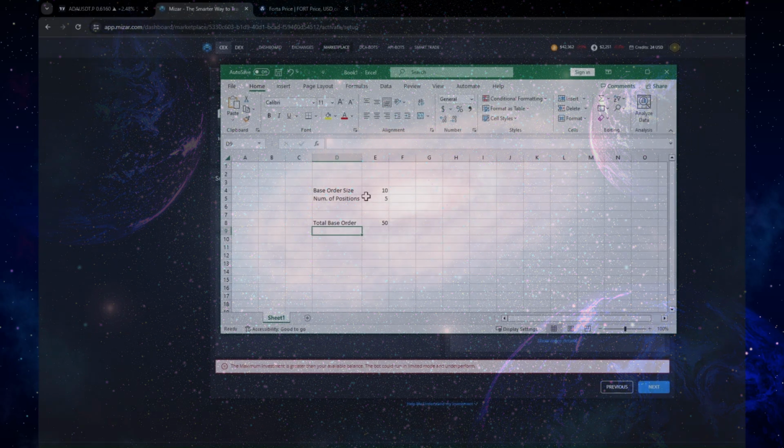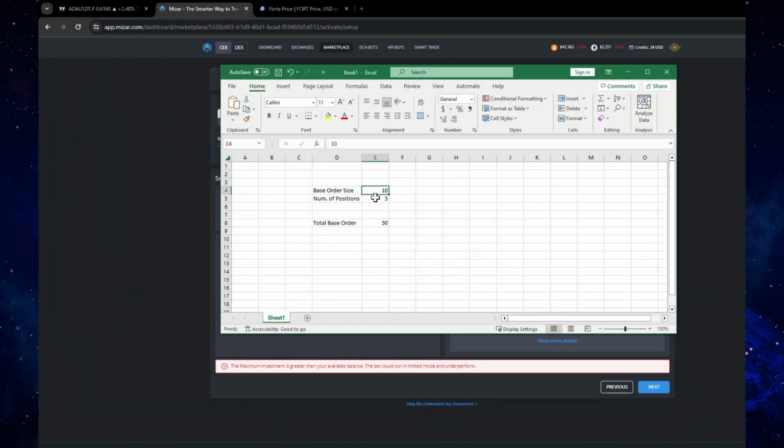So you see, if you have your base order as 10 USDT and your number of positions is 5, your total base order is already 50 USDT. That's what you need to have at minimum to start your base order.